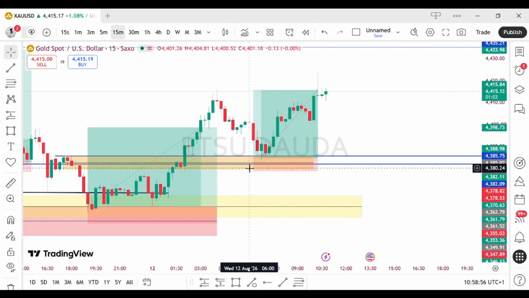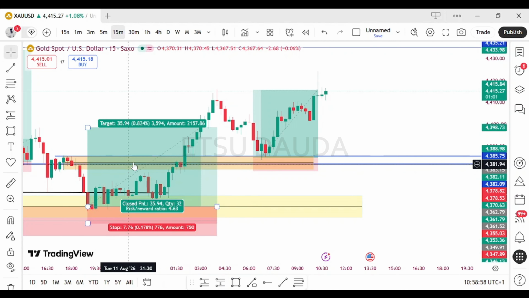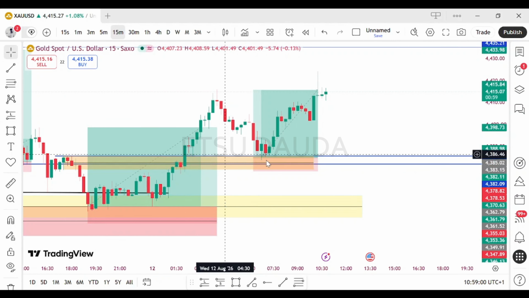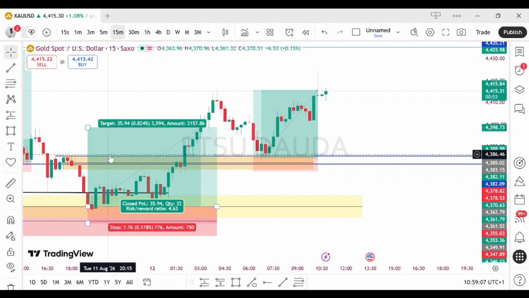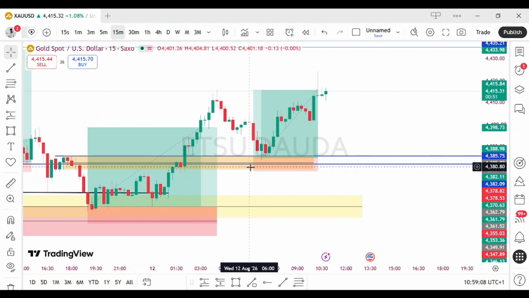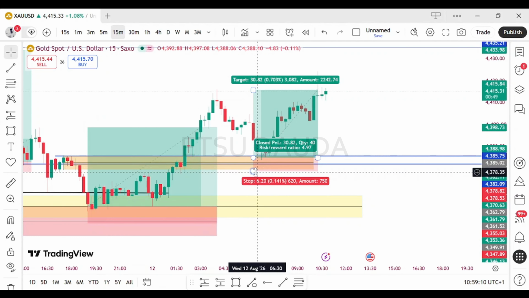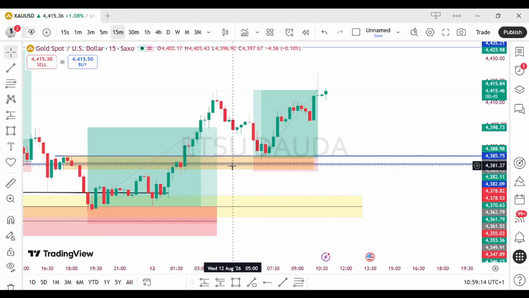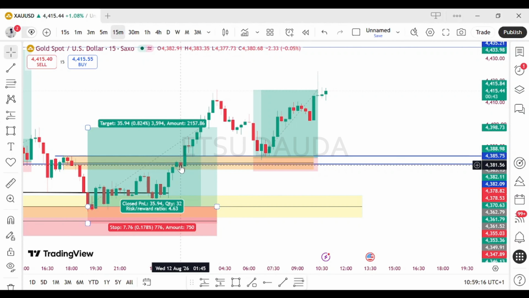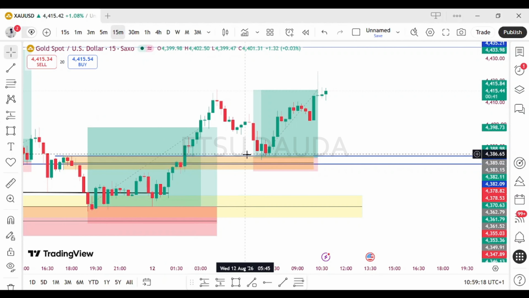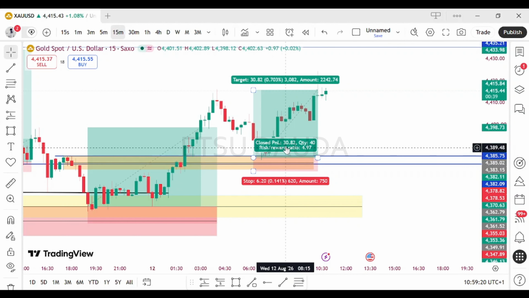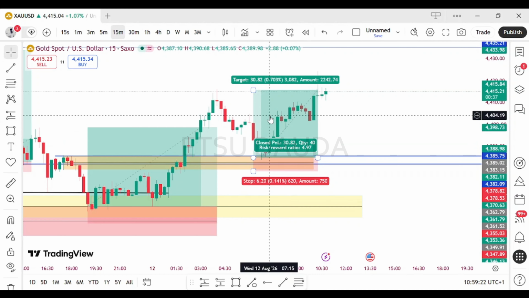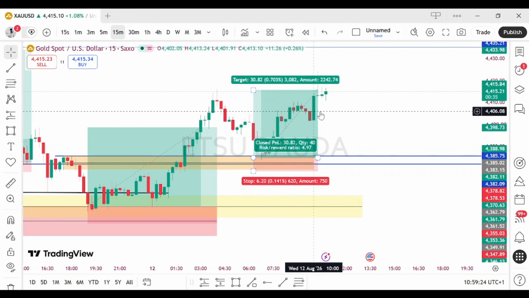So what I did to compensate for both of these is that I actually set my pending order to be the high of this breaker block, then my SL covers both the breaker block and the other block that is situated right here. And it was a 1 to 4 risk to reward trade, as you can see.